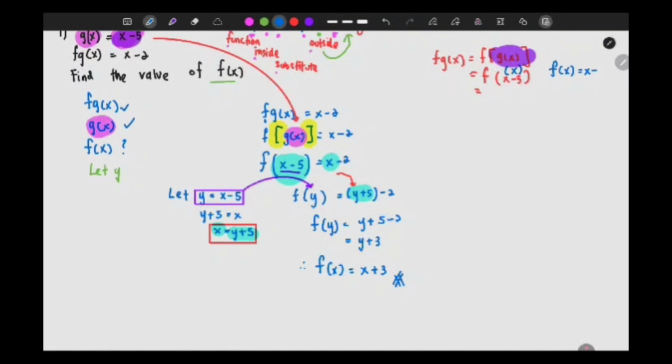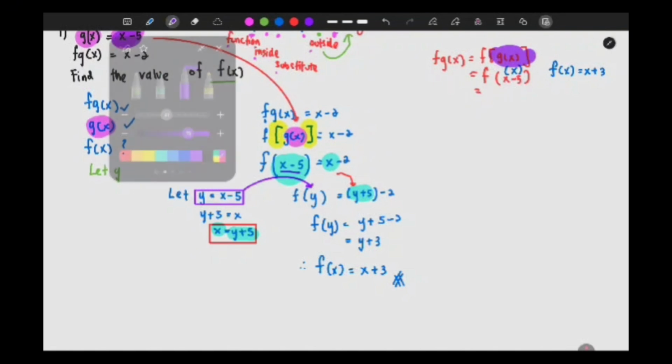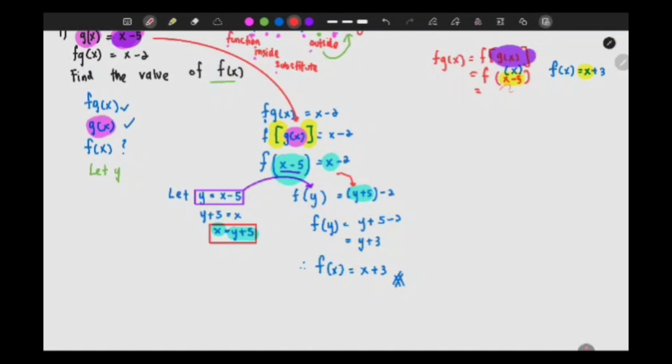But now it's not x, it's x minus 5. So your x here is replaced by x minus 5. So replace your x with x minus 5. So x is no longer x, but it's x minus 5, plus 3.